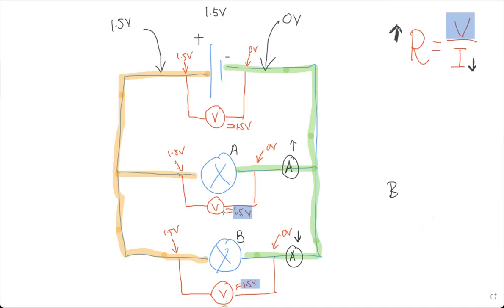Okay, can you see here this V? This is the voltmeter. It gives you a potential difference of 1.5 volt. And then the bottom one, this is the voltmeter. It also gives me a potential difference of 1.5 volt.